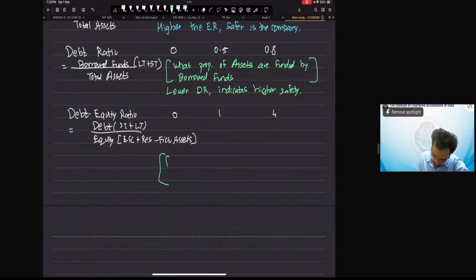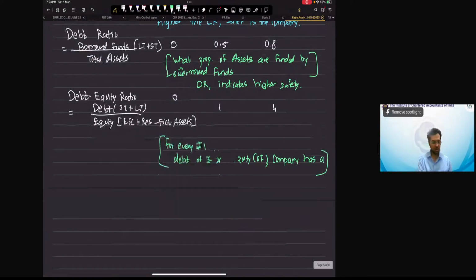gives an understanding as for every 1 rupee of equity, which is owned funds, the company has a debt of rupees X. Now, what can you say about this ratio?